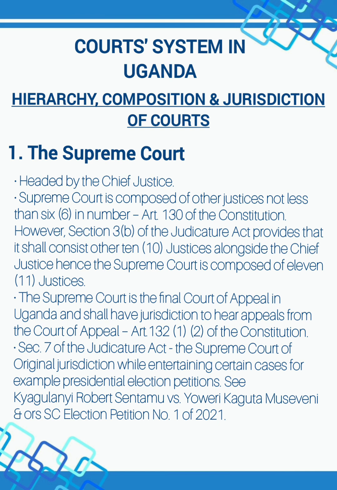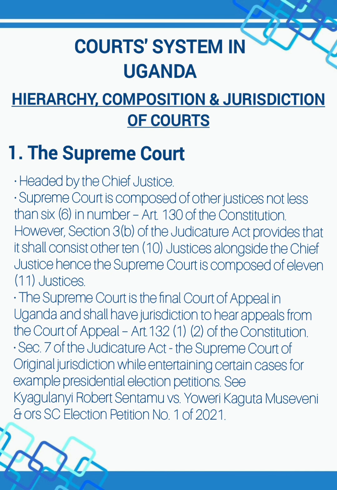So the Supreme Court is composed of other justices not less than 6 in number, that is provided for under Article 130 of the Constitution. However, Section 3, paragraph B of the Judicature Act provides that the Supreme Court can also consist other 10 justices alongside the Chief Justice. Hence, the Supreme Court is composed of 11 justices per the law, right? That's what the law says.